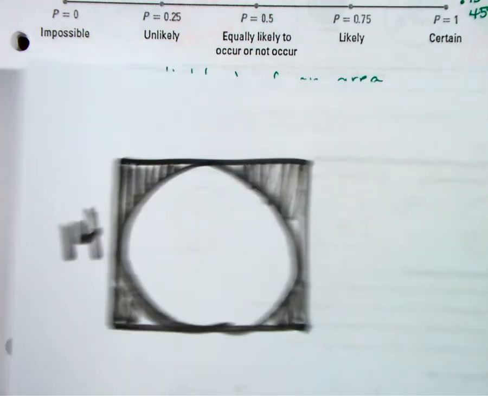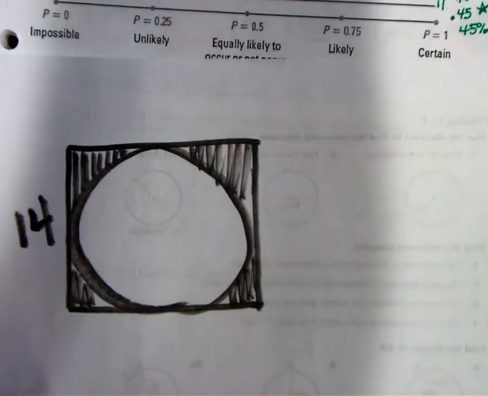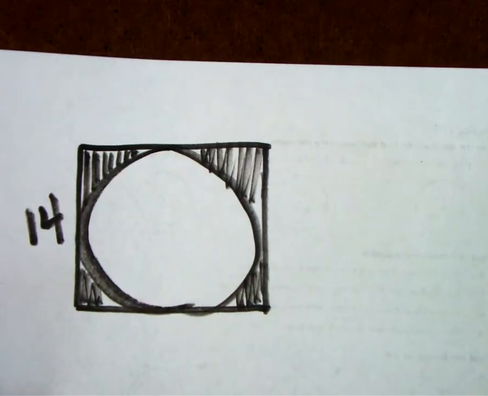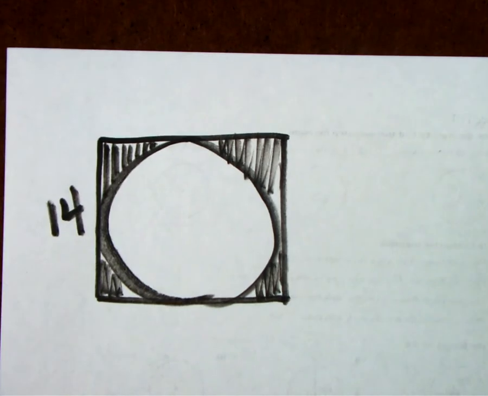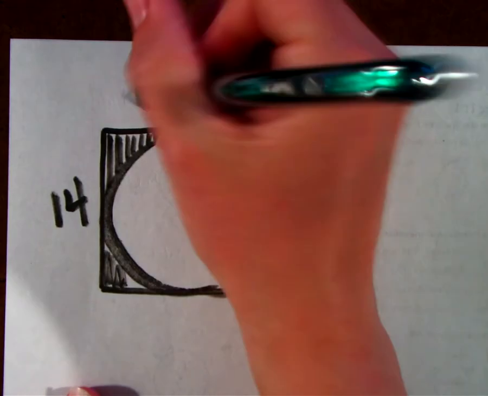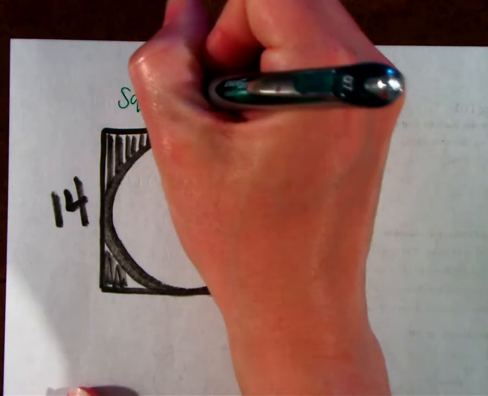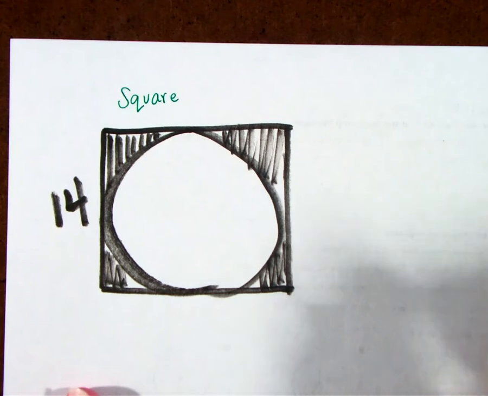So I've got my separate sheet of paper here, and we're going to draw on that separate sheet of paper a square with a circle in the middle.